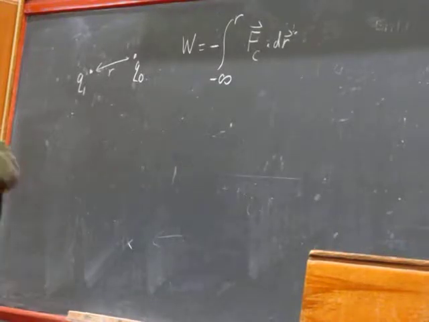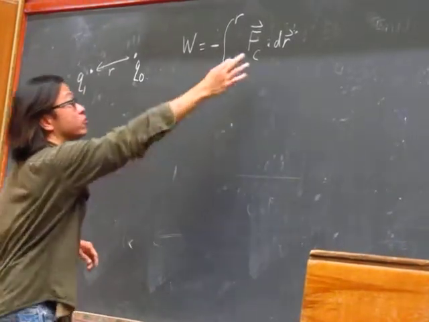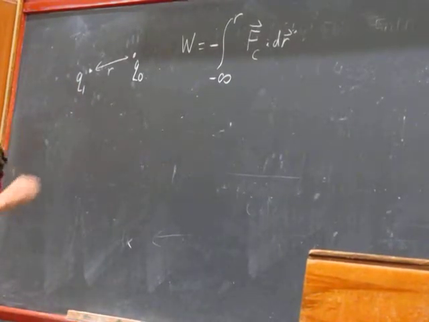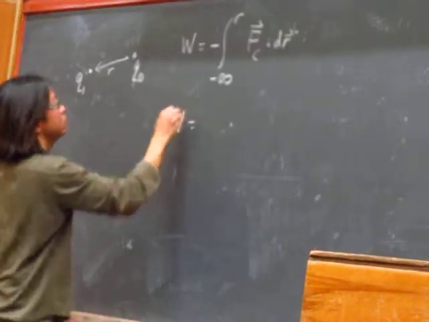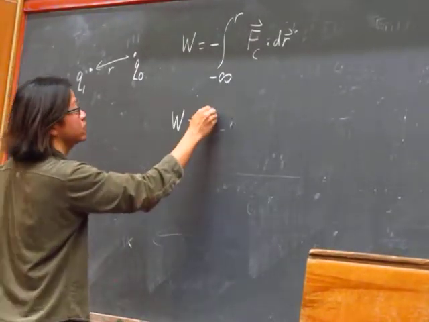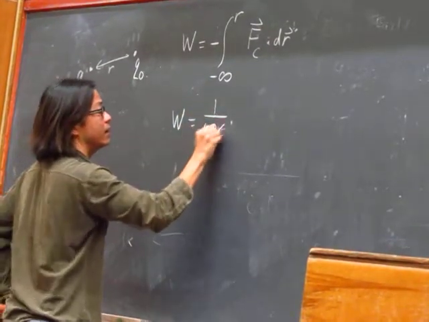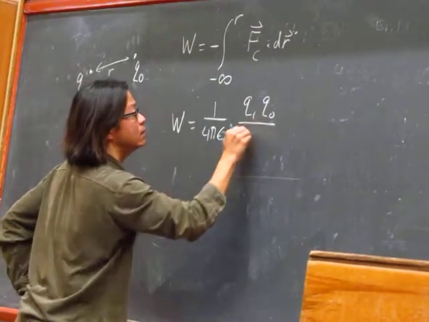I'm not going to do this integral, but when you do the integral correctly, you'll find that the work done is equal to 1 over 4 pi epsilon naught, Q1 Q0 over r.